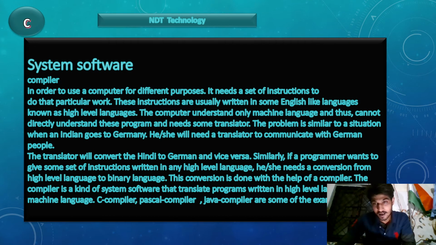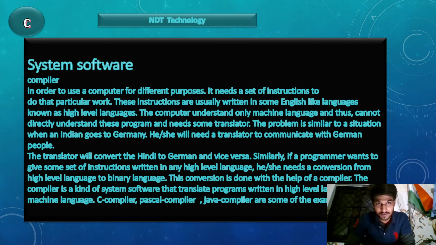You write a high level language program in your own language like English, Hindi, Tamil, Telugu, Malayalam, and so many languages, right? Then you have to convert it to machine language in the form of 0 and 1, so you require a compiler. Examples are C compiler, Pascal compiler, Java compiler, some famous compiler examples. Compiler design is another topic which is covered in BTech MTech courses. People who love to design various kinds of compilers for various programming languages, tools and techniques in software engineering, also opt for this career as an opportunity.